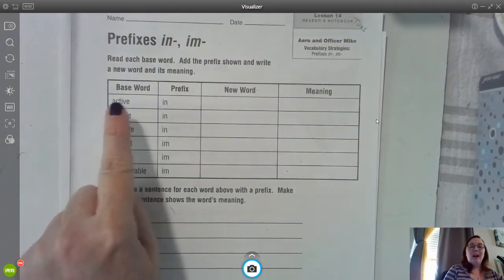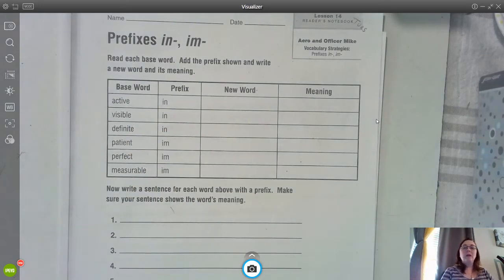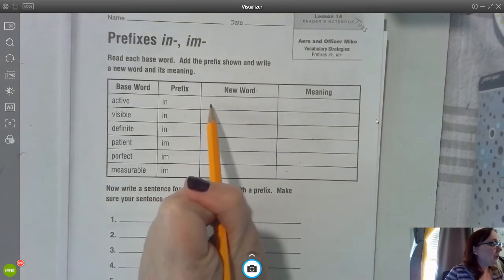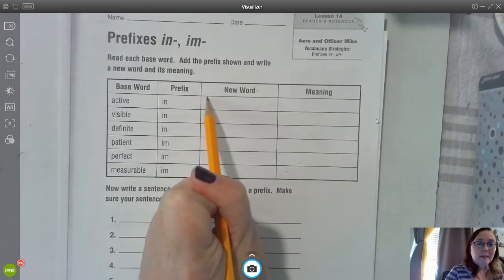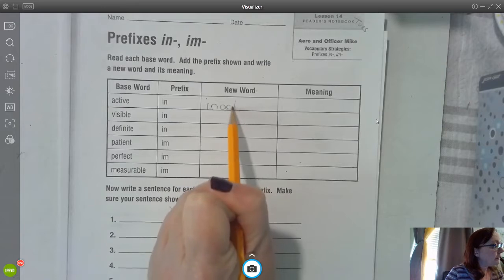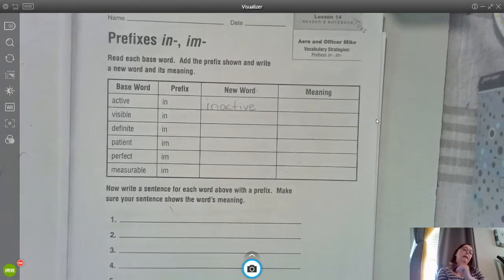Active. Our prefix is in. What is our new word? What does it mean? The prefix goes before or after? Pre means before. So we're going to write in there inactive. So what is our new meaning of this word?